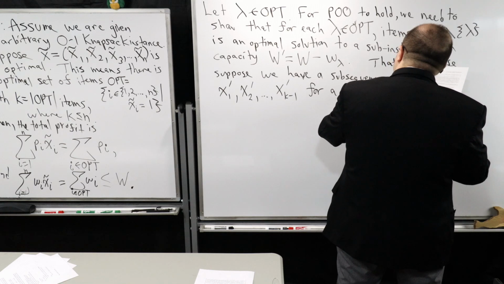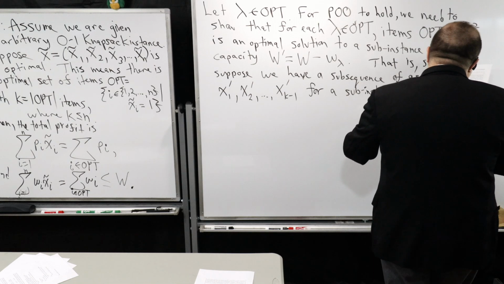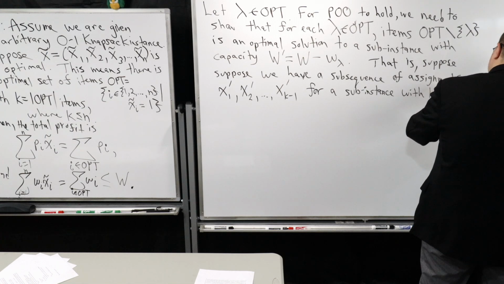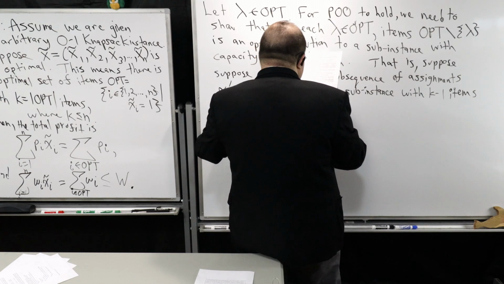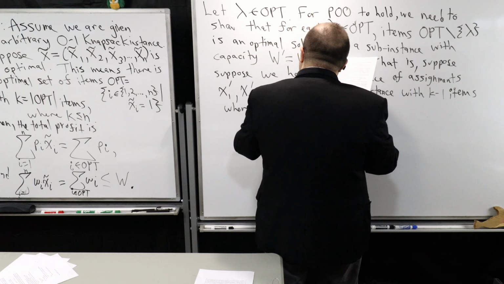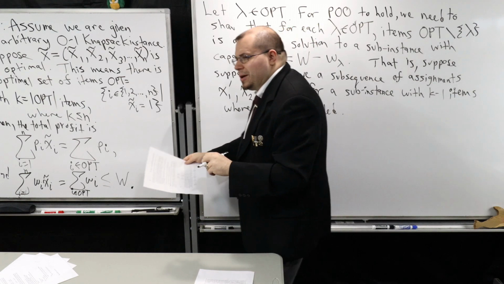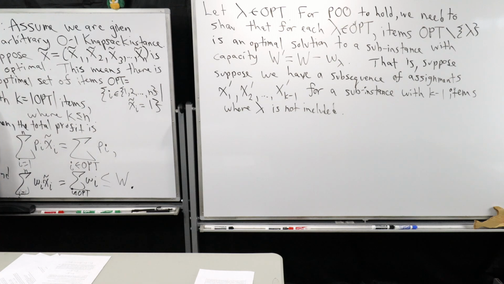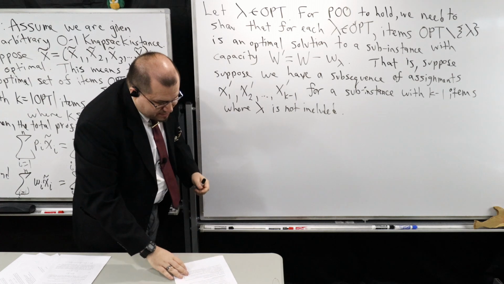So I'll just say that here for the sake of clarity. For a subinstance with k minus 1 items, where lambda is not included. Remember, I just removed 1 item, so that means there's k minus 1 items. Let me just switch my marker here. I'm also going to give names to the profits and weights, seeing as I've given names to these assignments.